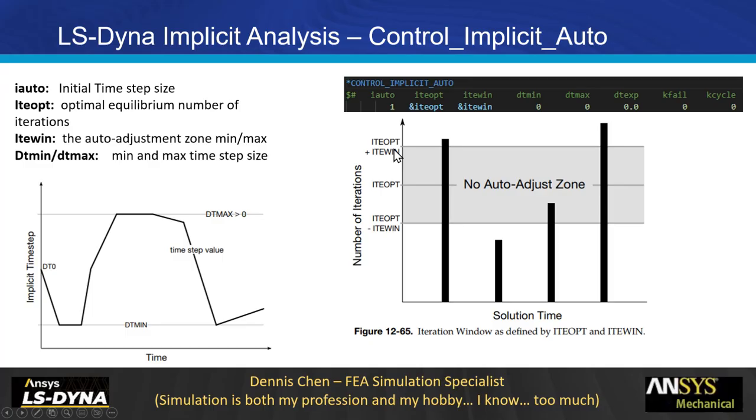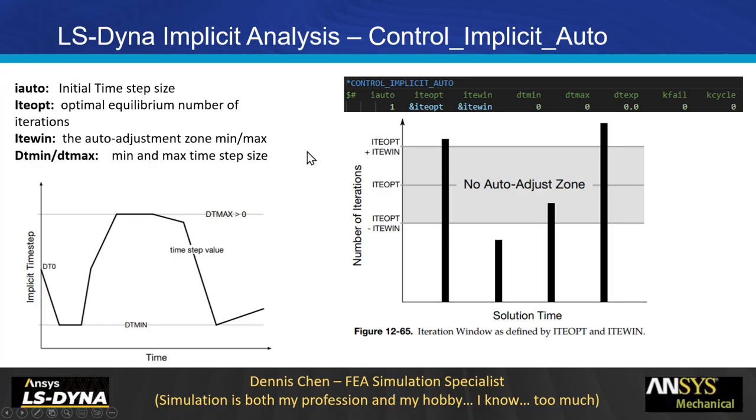If you go above 30 iterations, above the highest range of the iterations, it's going to bisect the delta t in the next time step. And that's essentially the way for Dyna to do auto time stepping, right? So you can actually control the behavior of when LS-Dyna auto time stepping changes the time increment.